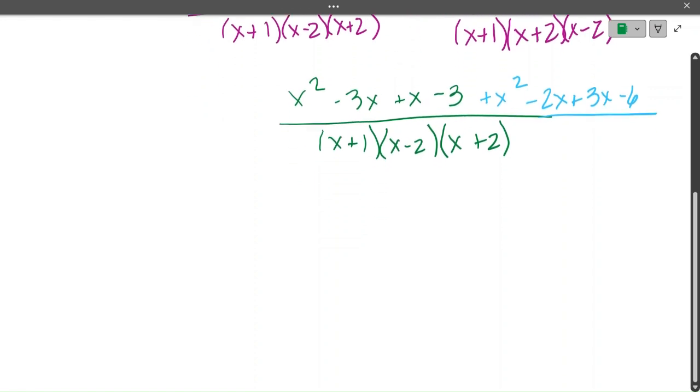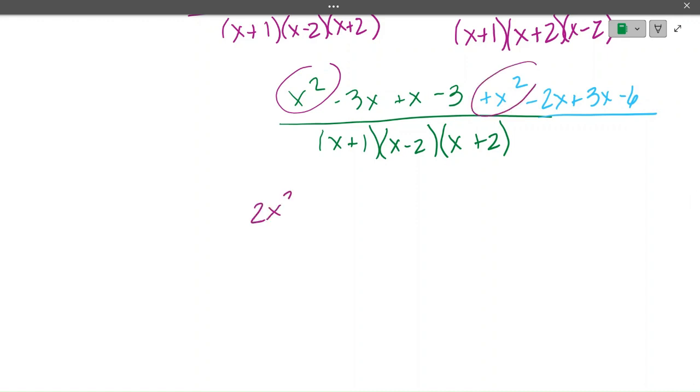And now we're going to combine like terms. So I'm going to look for all of my x squareds here, and I notice that I have two of them. Okay, the x's. I see that I have negative 3x plus x. I'm going to write over here so we can see what we're doing.